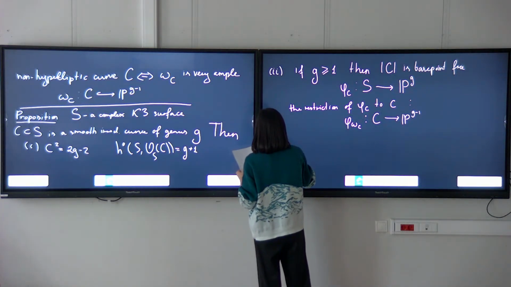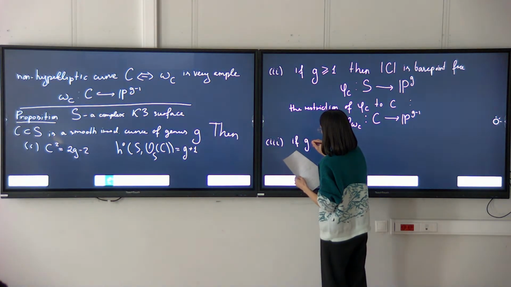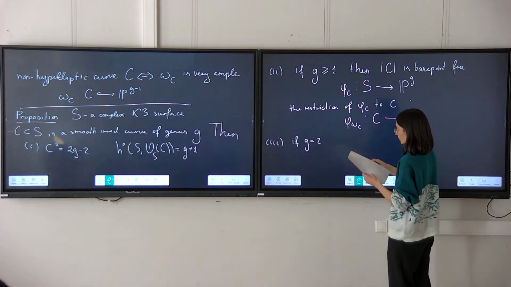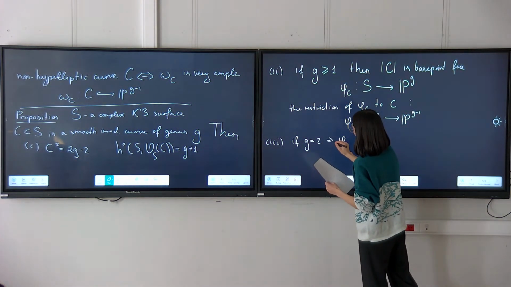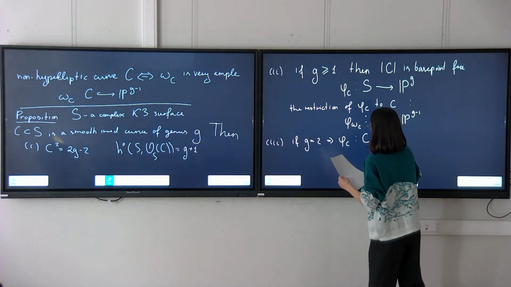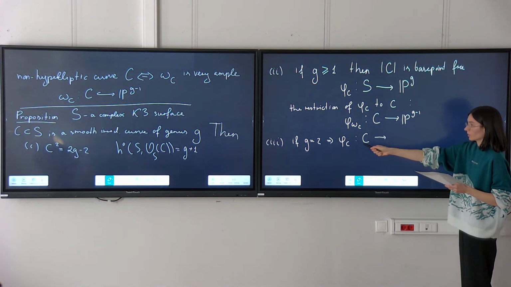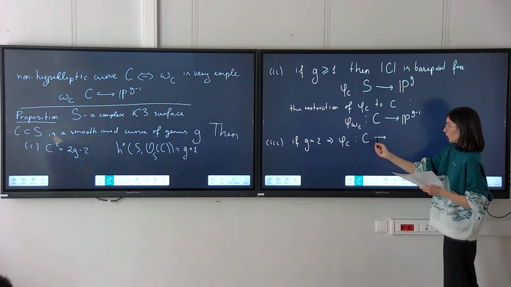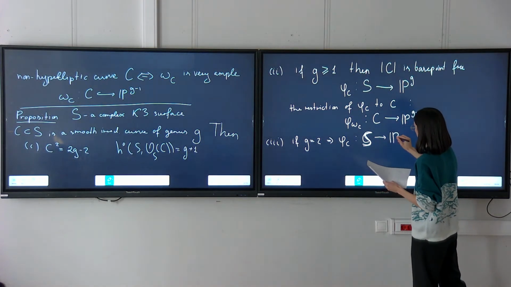Now the third statement is that if G is equal to 2, so if the corresponding curve is hyperelliptic, then this map is to what if G is equal to 2? Oh, sorry, S to P2.